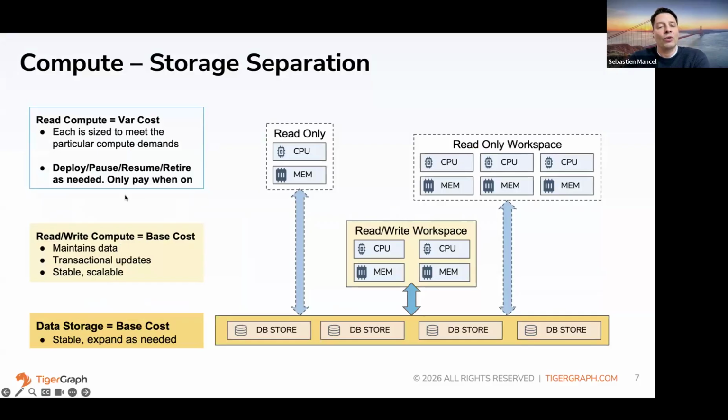On top are workspaces, which provide the compute layer. So every graph has a read-write workspace, which is required for loading data and modifying the graph. This includes data ingestion, transactional updates, running queries, and writing features or results back to the graph. The read-write compute is elastic. It can be paused, resumed, resized as needed, depending on ingestion volume or write activity.